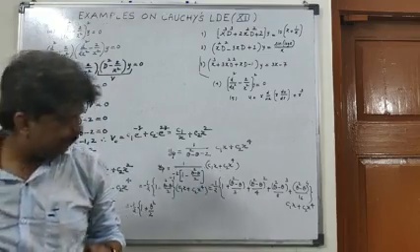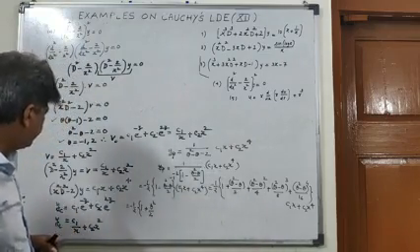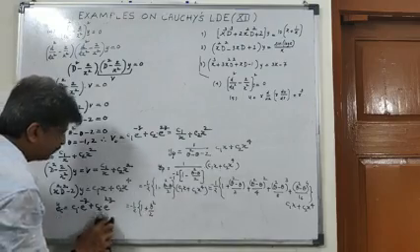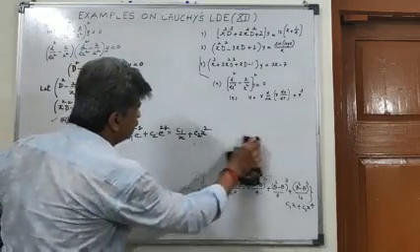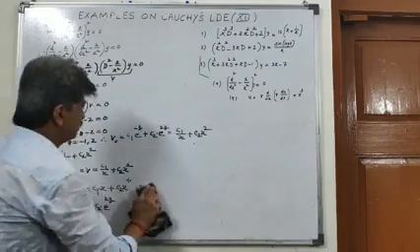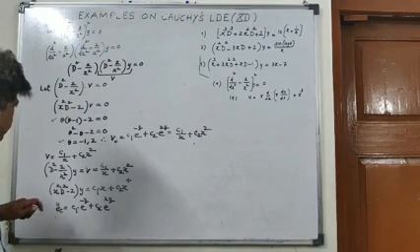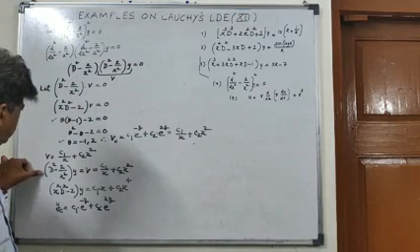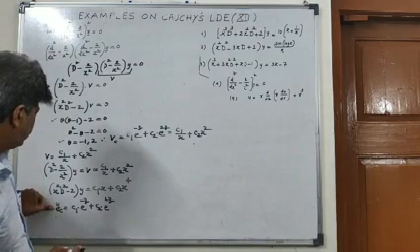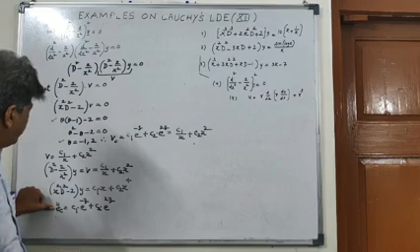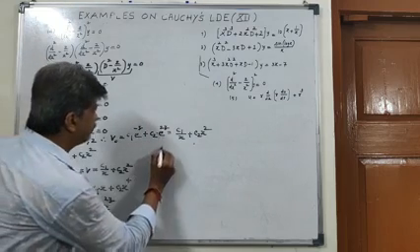See here, this should be written as YC is this. C1 e raised to power minus z plus C2 e raised to power 2z. What is YP?